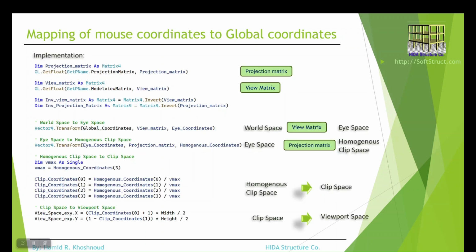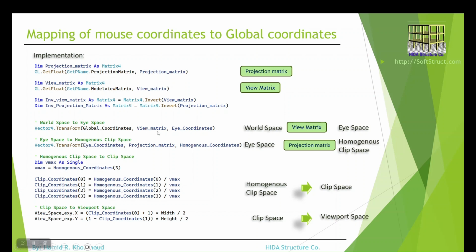Based on the above algorithm, we can define a simple subroutine to find the mouse coordinates by entering the world coordinates of a point. I have used the OpenTK library and VB.NET, but of course the algorithm can be implemented by other libraries and languages. First, we should define our projection and model view matrices.